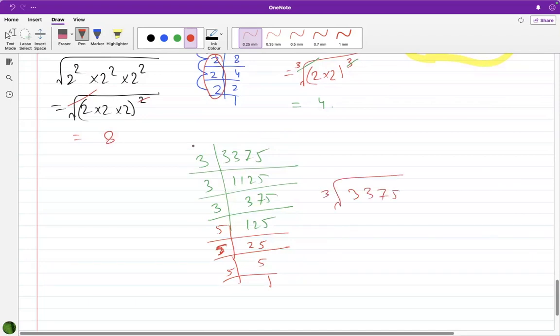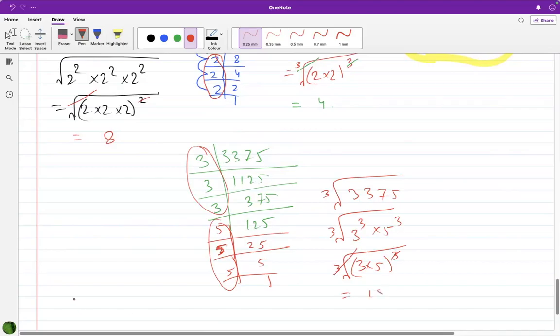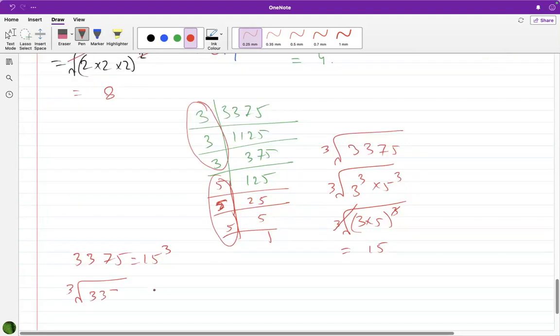This allows me to make pairs of 3. That is 3 cube times 5 cube whole cube root, and 3 times 5 whole cube root, eliminating the root, and we got 15. So basically 3375 is 15 cube. Or the other way round, cube root of 3375 is 15.